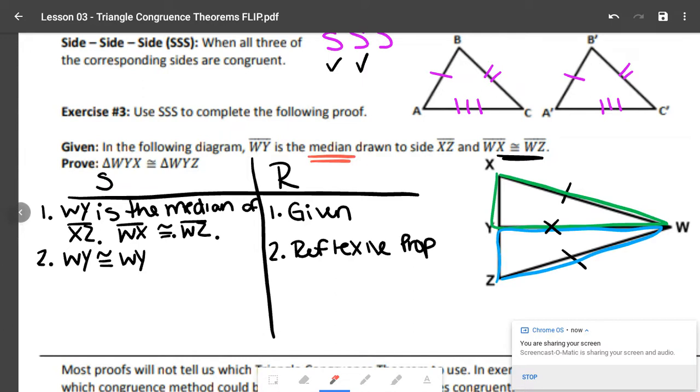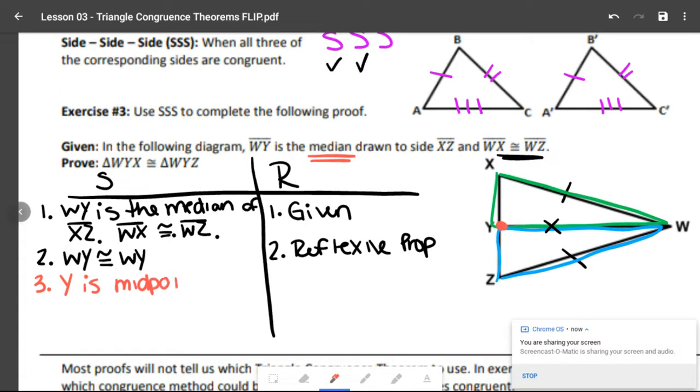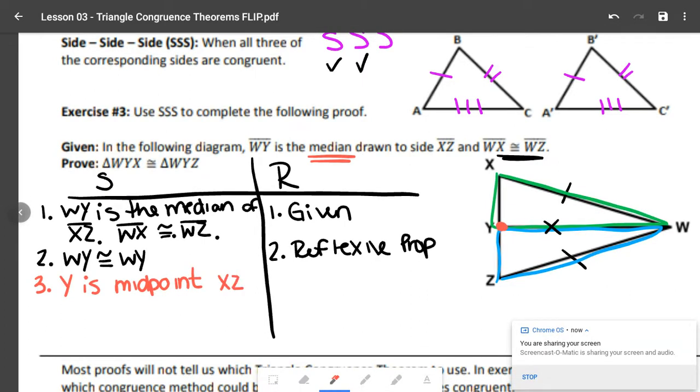Median is a newer set of our vocab terms, but remember, if that's the median, it connects to the midpoint. So we could say Y is the midpoint. We don't have to worry about writing out grammatically correct. I care that you have the major ideas. So Y is the midpoint of XZ.